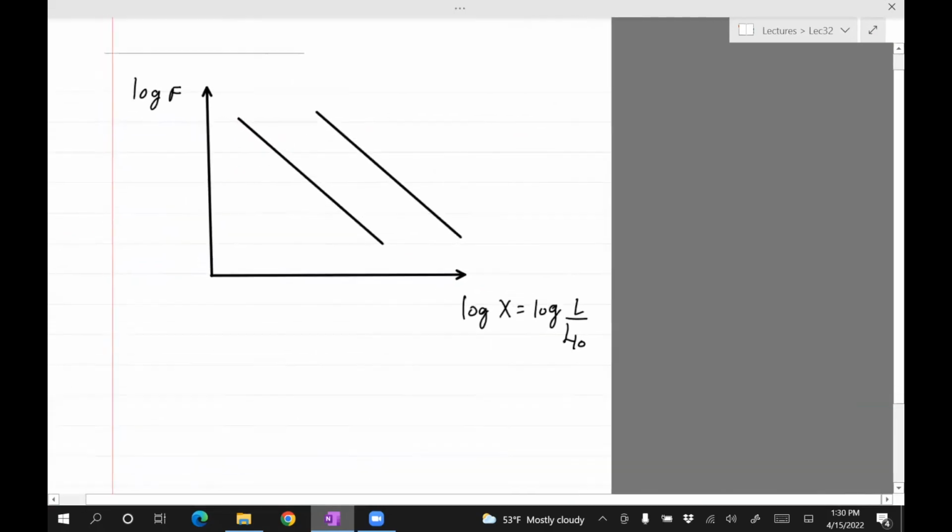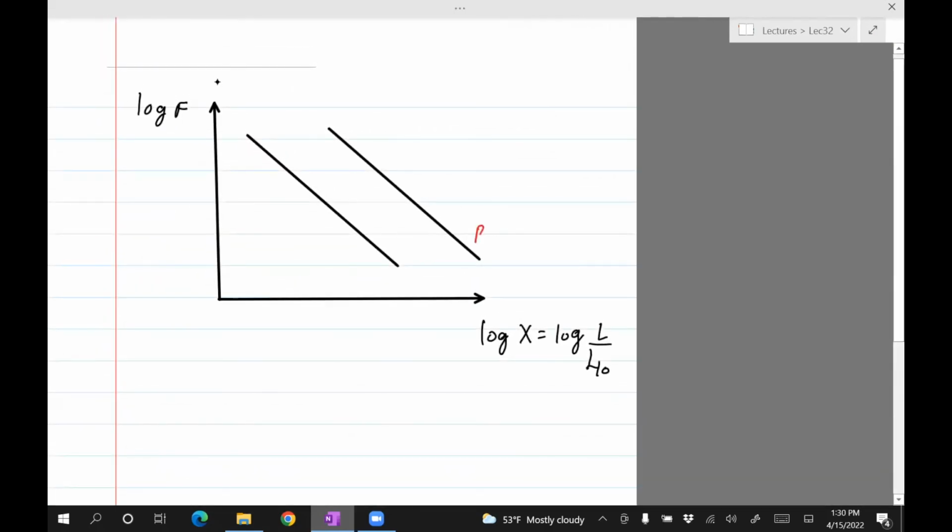Let's say that the line I've drawn here on the right side is the 90% reliability line. And this is an unknown reliability, or maybe you're given the reliability, but it's going to be offset from that catalog line by a fixed distance.